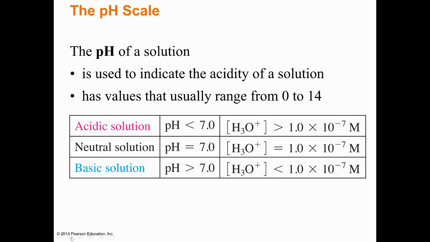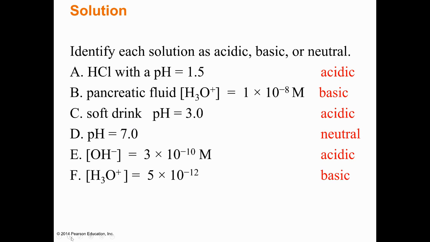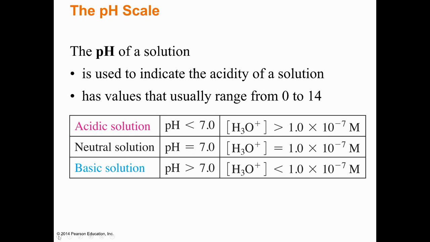Okay, so the pH scale is a really important scale. It's going to tell us the acidity of a solution, and it's usually ranged from 0 to 14. We're going to look a little more closely at this now. But what I want you to think about is, what are the numbers trying to tell us?